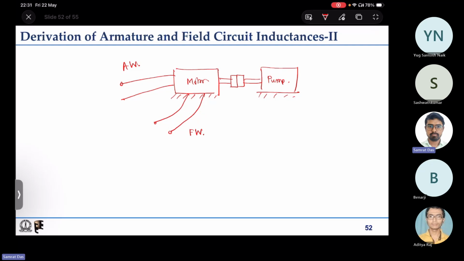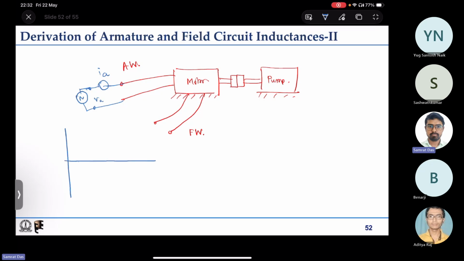Now what do we do? We again keep one of the windings open. Then let us say we take some sinusoidal voltage source and we probe it to record the armature winding current and the armature winding voltage, and we see them in an oscilloscope.